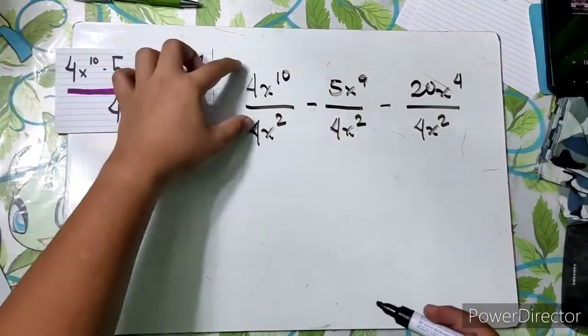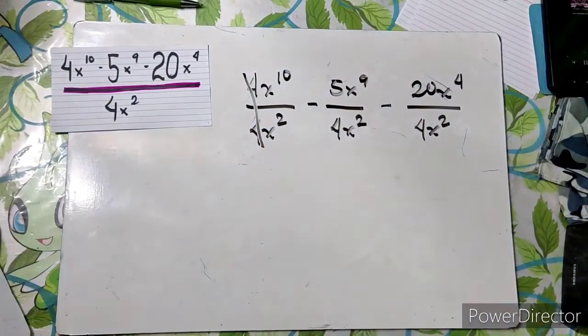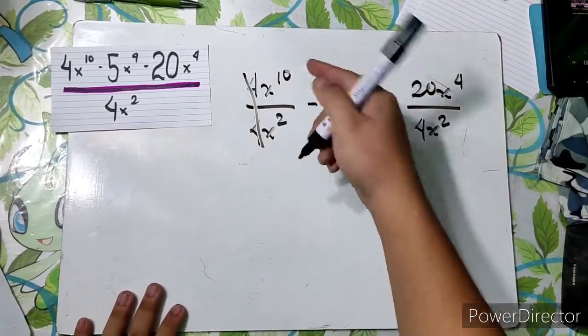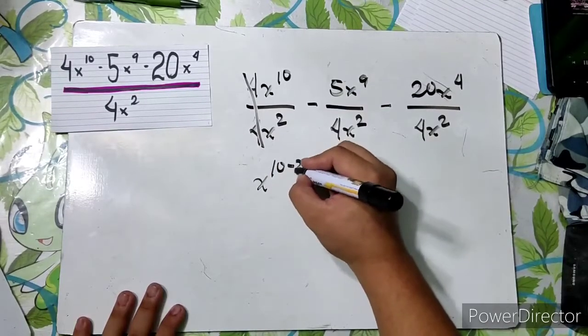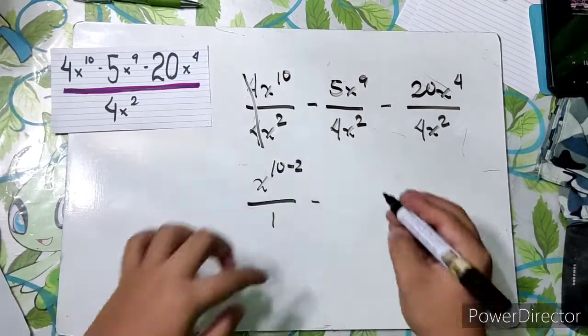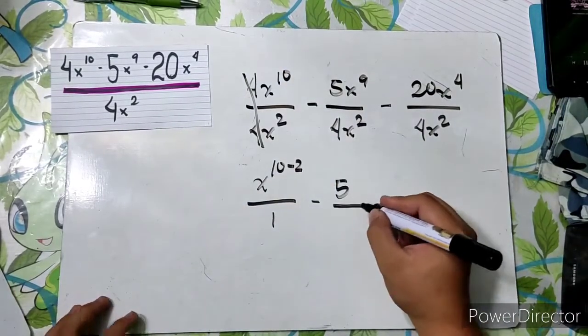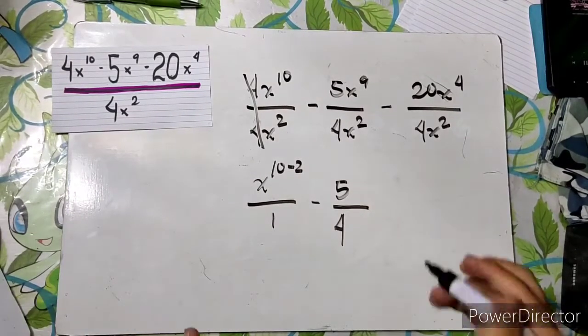Since these two have the same coefficient, we just cancel that out. And remember the rule that we subtract the smaller exponent from the bigger one. So this becomes x raised to 10 minus 2 over 1. Since 5 and 4 cannot be divided, we will leave them like that. But remember the rule that the exponent goes to the greater or higher one.